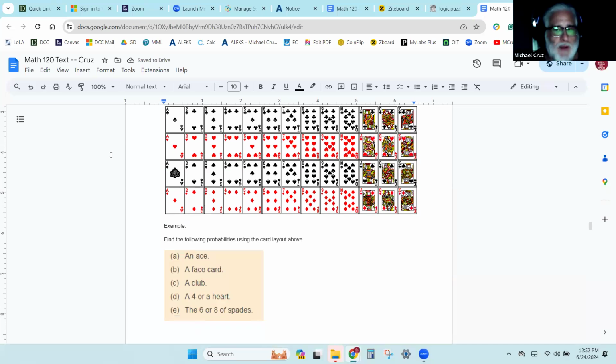So the first thing we want to find is the probability of an ace. So there are 1, 2, 3, 4 aces. So imagine what you're doing with this deck. You're letting someone pick, or you're handing them one card out of a shuffled, random deck. So the probability of an ace is equal to 4, and the total is 52.